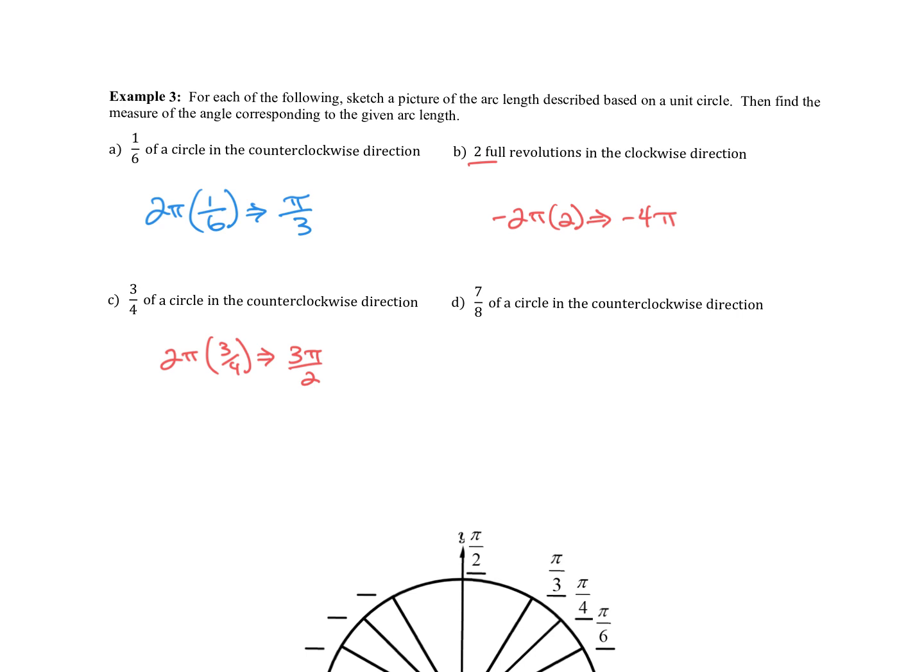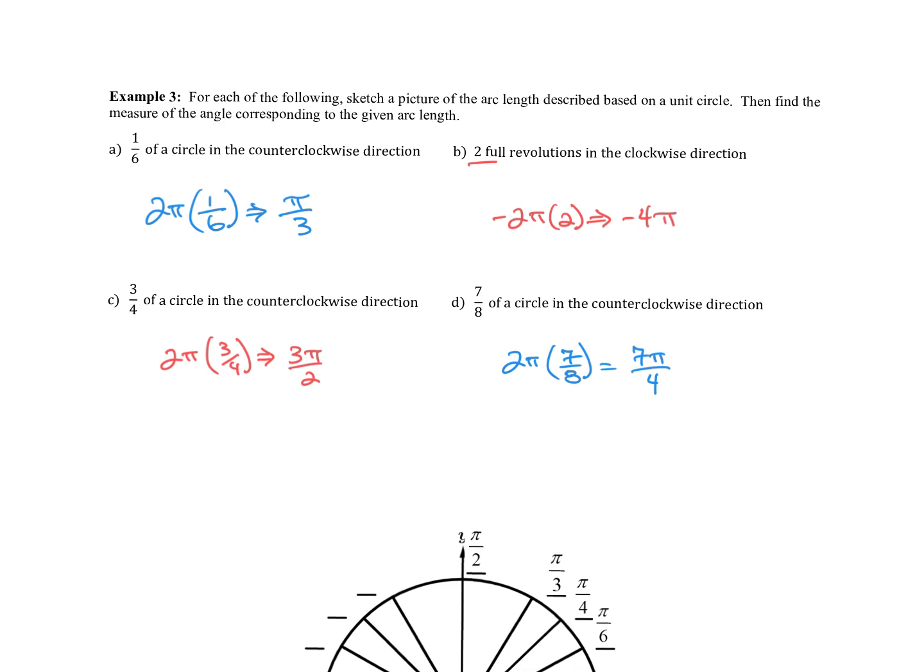The entire way around is 2 pi, and the way I think about 7/8 of it is to do 2 over 8, which simplifies to 1/4, and then we have a 7 up top, so we get 7 pi over 4.